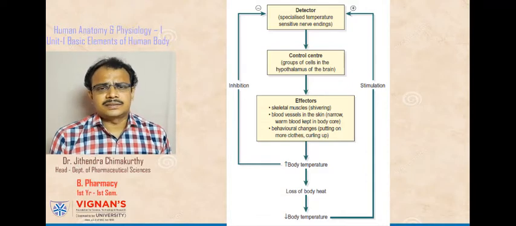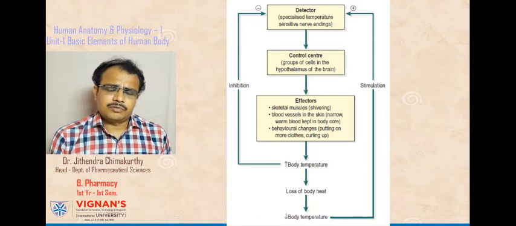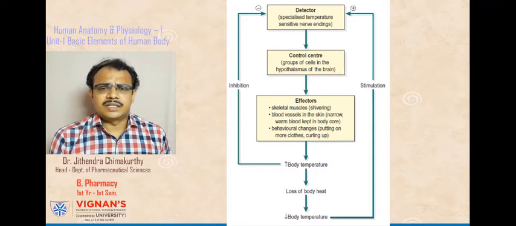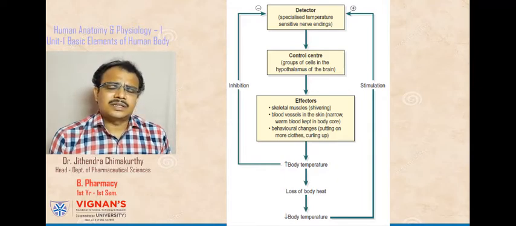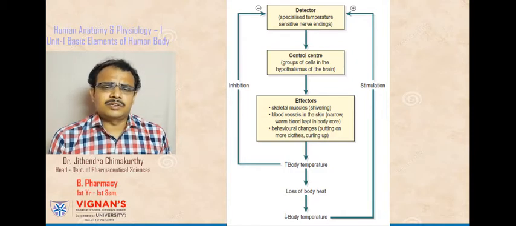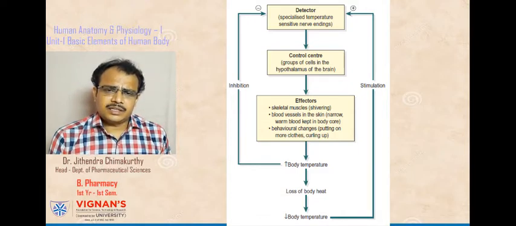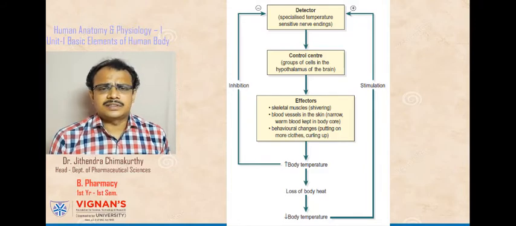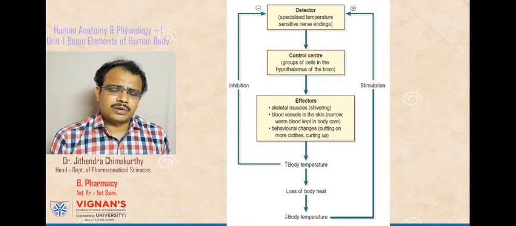Other effectors are behavioral changes such as wearing warm clothes to prevent the loss of heat, and narrowing of blood vessels in the skin so that blood supply to the skin will be reduced, so body heat loss also will be reduced. And in all these cases, shivering of muscles, wearing warm clothes or narrowing of blood vessels, all these things will lead to a rise in body temperature.